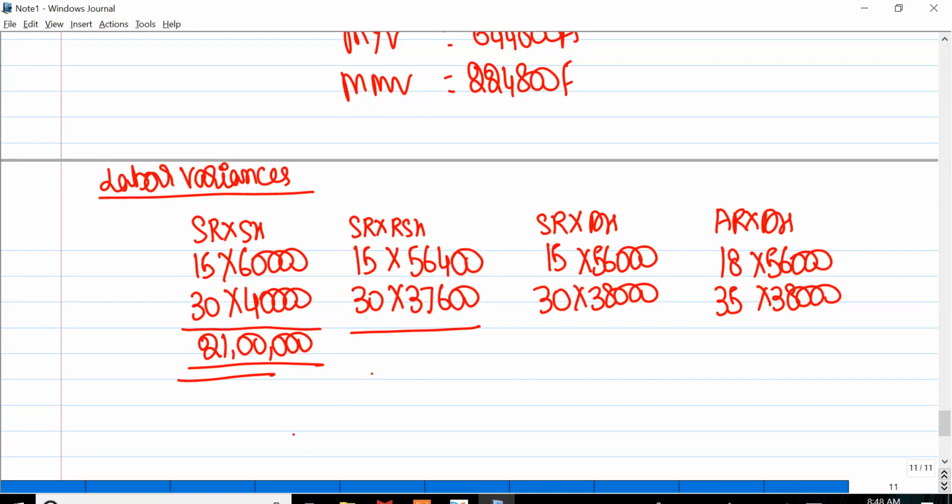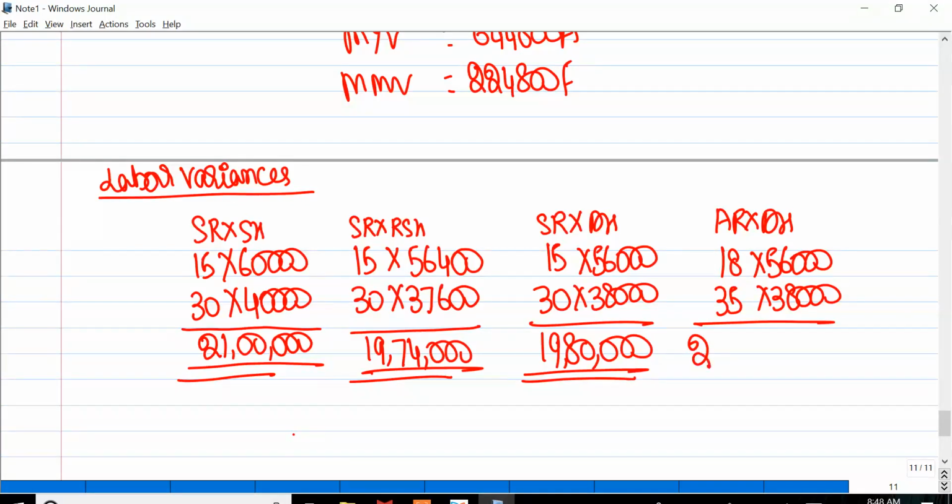What is this number? Second column. Third. 19 lakh 80,000. 23 lakh 38,000.